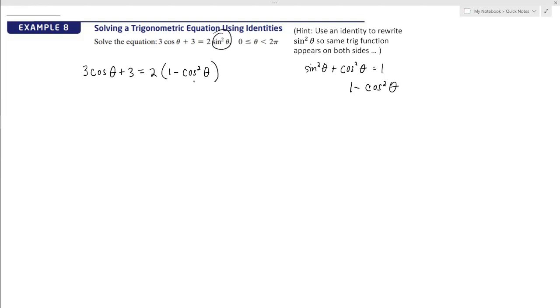Okay, so let's distribute that, and then we'll set the whole thing to 0, and we should come up with another quadratic form trig equation. So 3 cosine theta plus 3 equals 2 minus 2 cosine squared theta. All right, we want to set the right-hand side to 0, so we'll add the 2 cosine squared theta and subtract the 2.